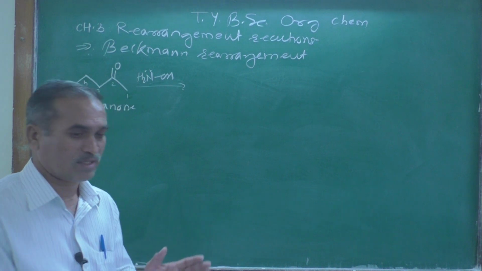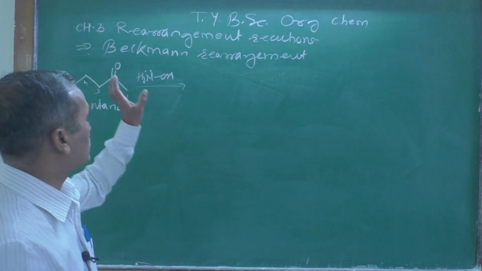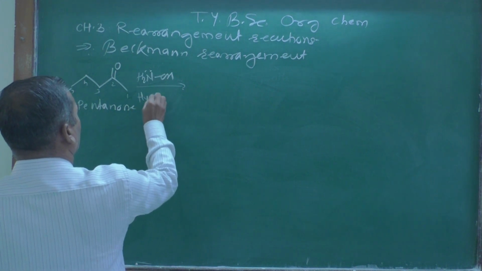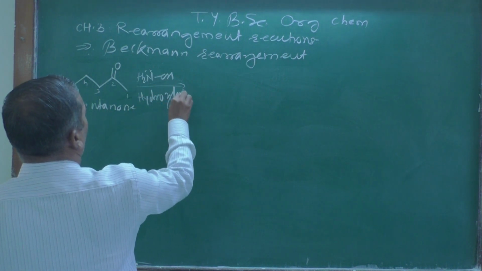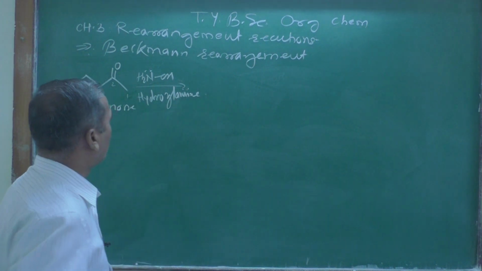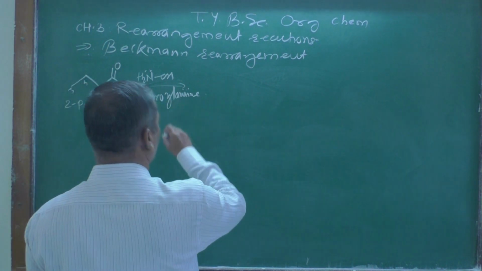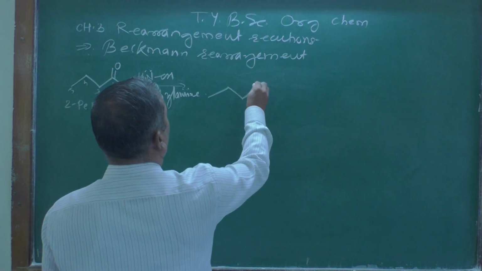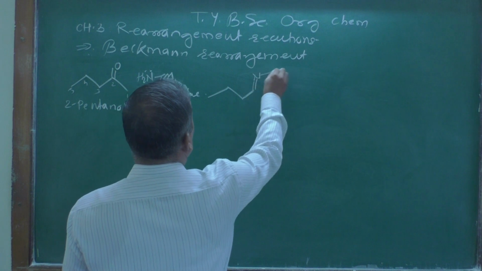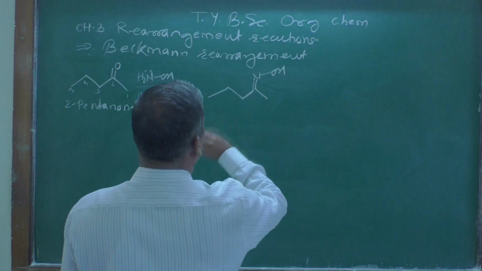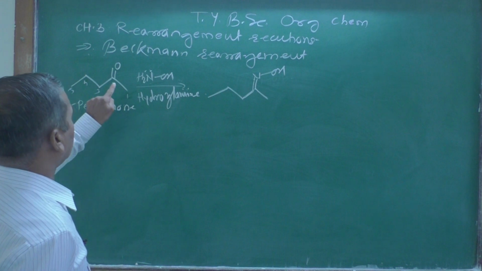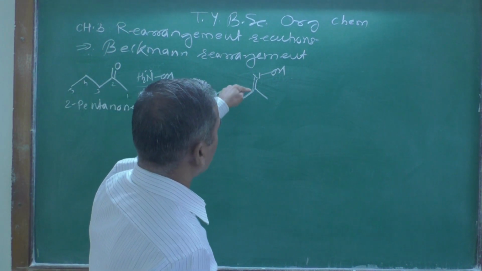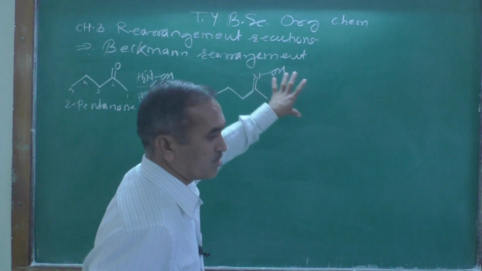And the name of this reagent is hydroxylamine. This is the reagent's name, and when it is treated, it forms an oxime derivative. How does it form? Let us see here, double bond N and OH. Then the rest of the thing remains as it is, and while writing a zigzag structure, we represent only the functional group.